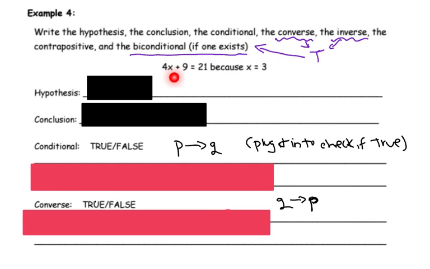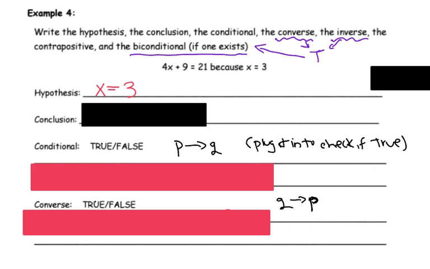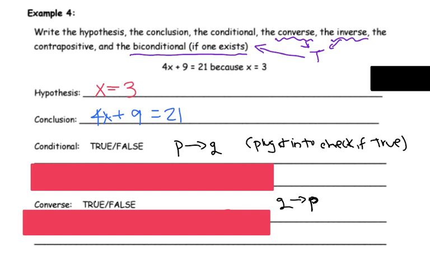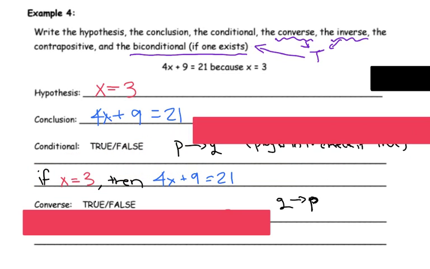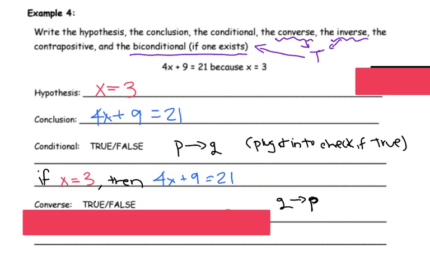Here we go. 4x plus 9 equals 21 because x equals 3. The hypothesis, x equals 3. The conclusion, that 4x plus 9 equals 21. Now remember, our conditional statement, P implies Q. So we get, if x equals 3, then 4x plus 9 equals 21.